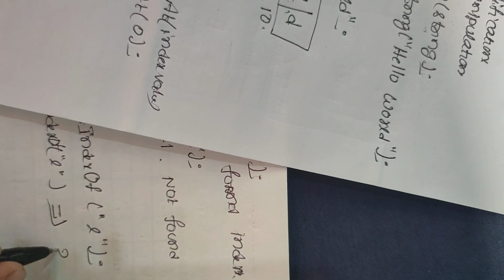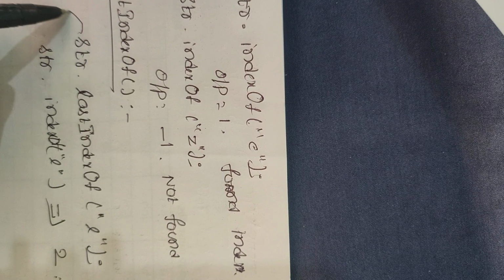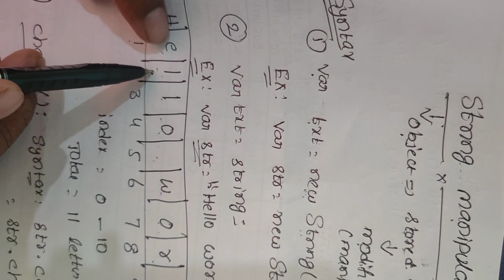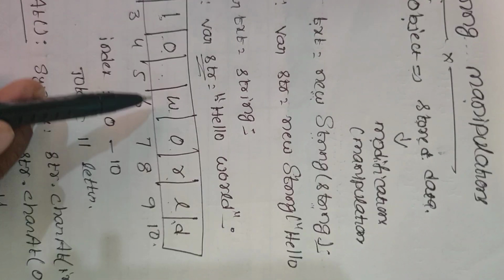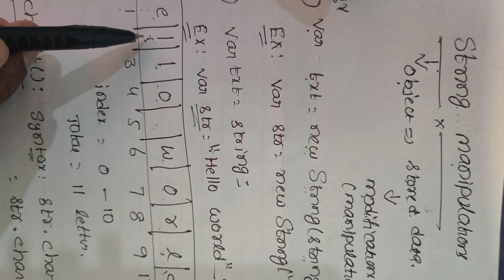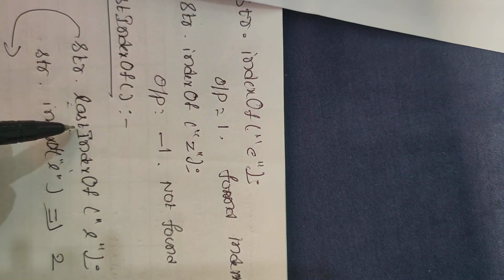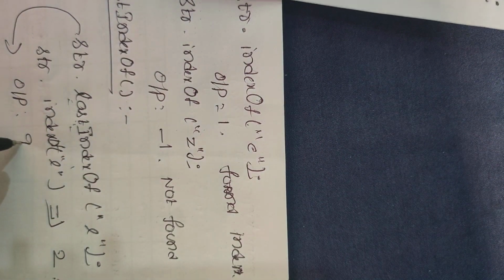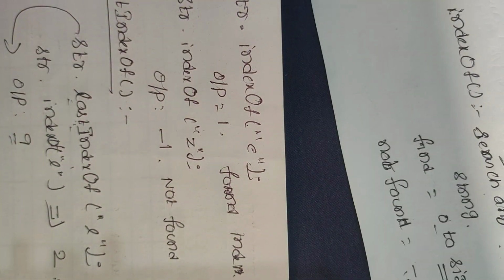The output is 2 because it is only indexOf. But here our question is str.lastIndexOf, where L is last. L position is 2, L position is 3, and here L position is 9. Our question is the last index, so the output is the index value, position 9. This is the purpose of the lastIndexOf method.